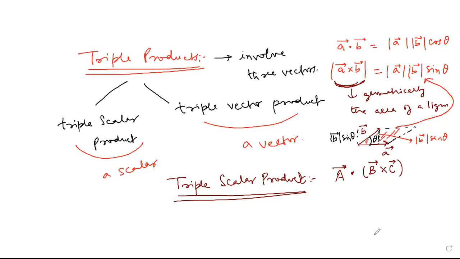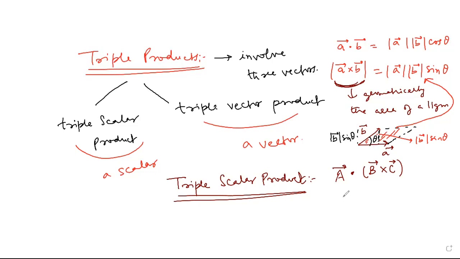That means the A cross B vector has magnitude which is geometrically the area of the parallelogram formed by vectors A and B as its adjacent sides. I hope you got it. AB sine theta is the area of this parallelogram.